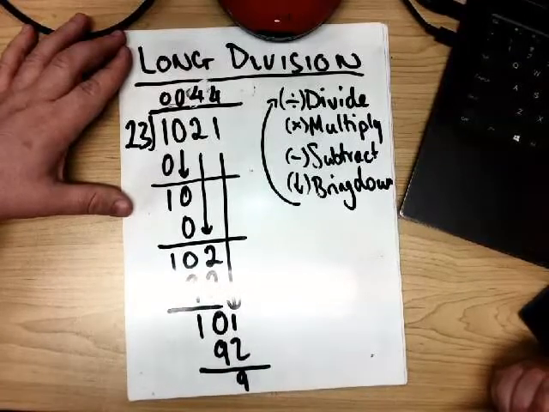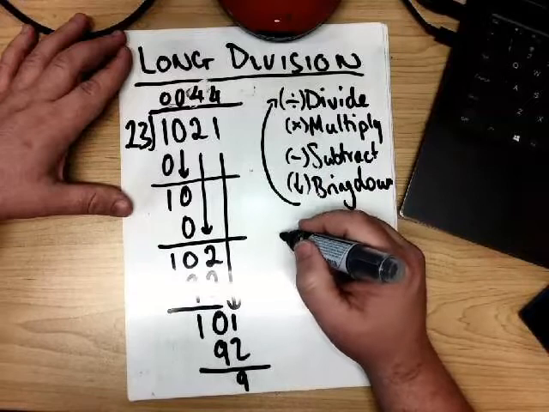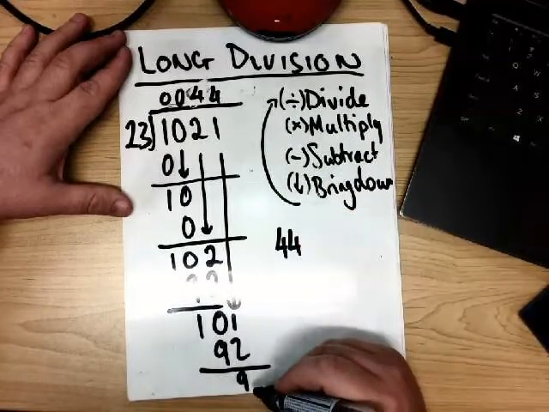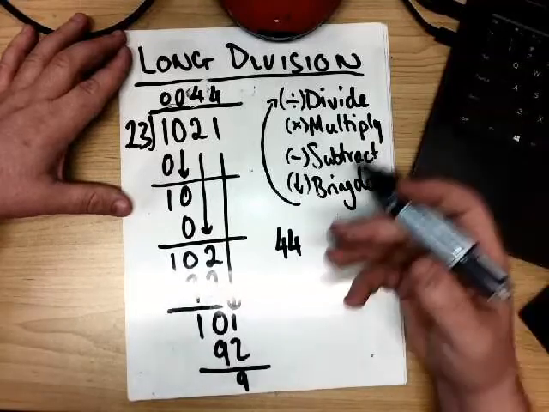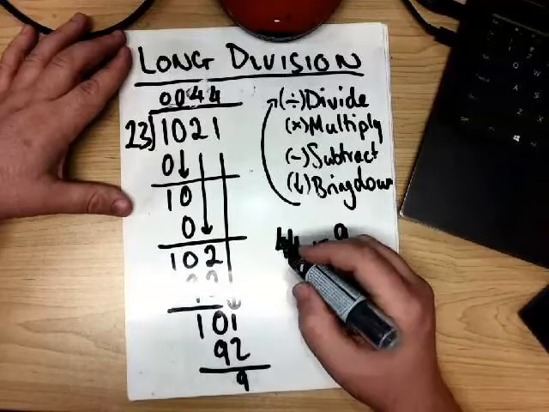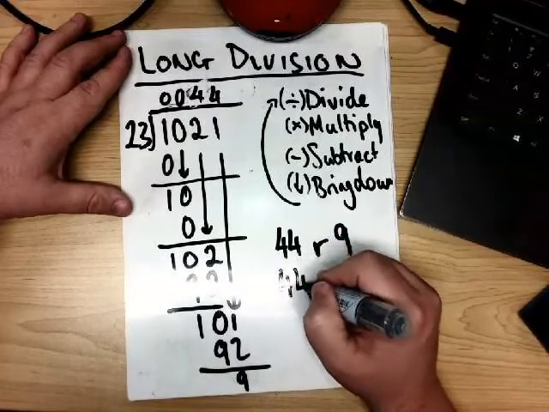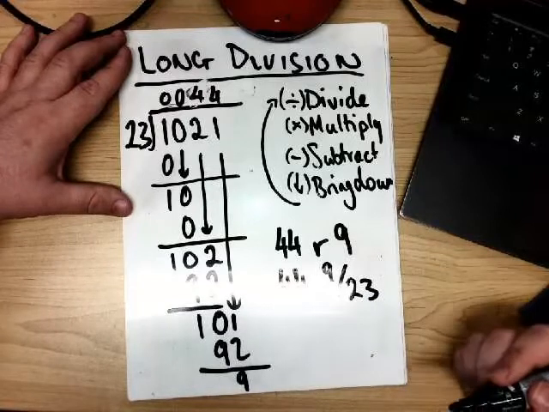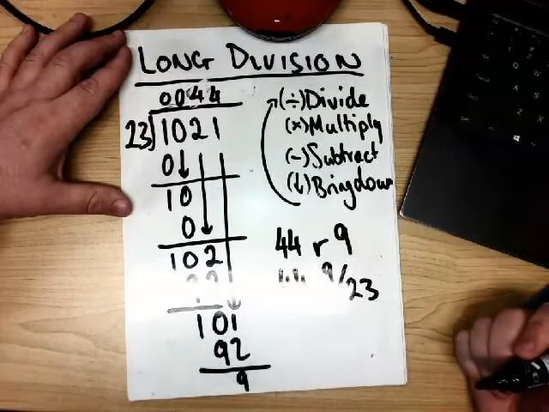Alright, so it's 44. Now 9 is smaller than 23, there's nothing to bring back, so that's our remainder. Remainder 9, or 44 and 9 23rds, or 9 over 23. That's our answer. But that's how we do long division.